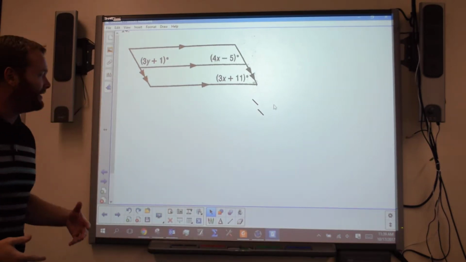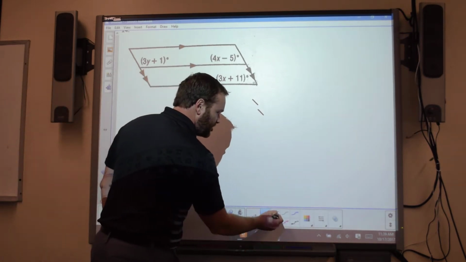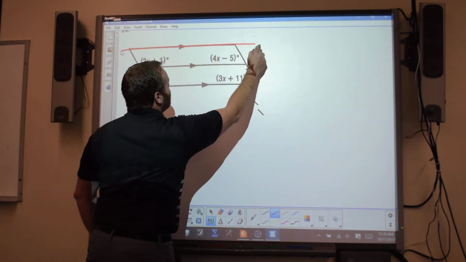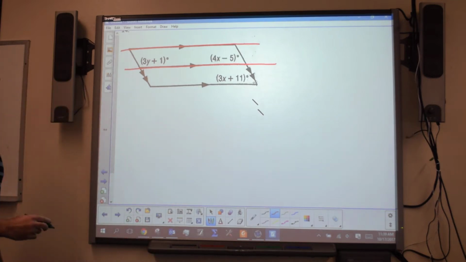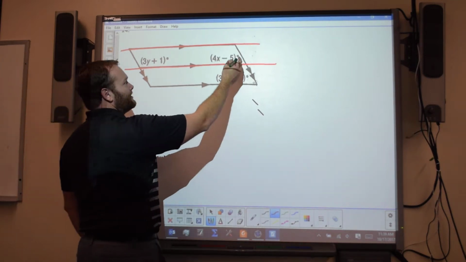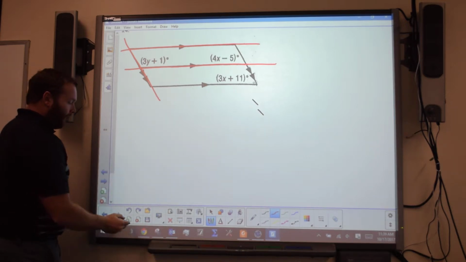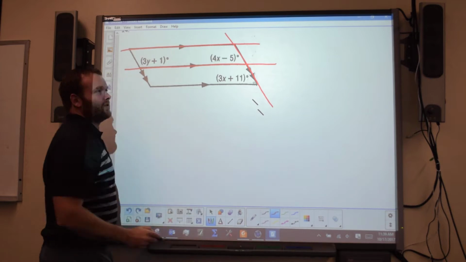But I think it's a good idea just to view and think about just a couple of these parallel lines. So maybe I look at that parallel line there and that parallel line right there. And obviously I've got two transversals. I can either look at this transversal here, or I can look at that transversal there. Does that kind of make sense?